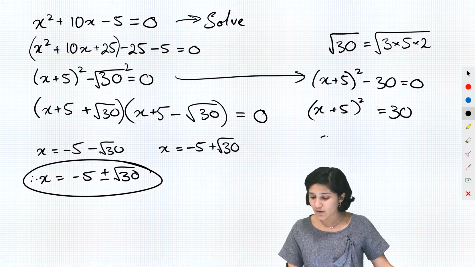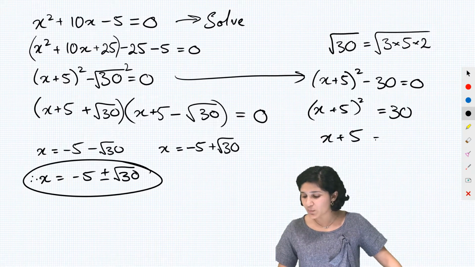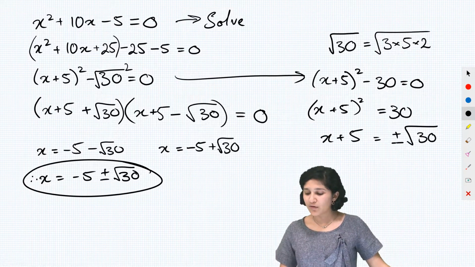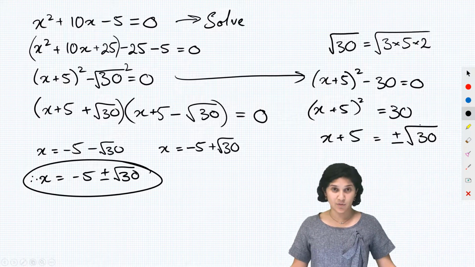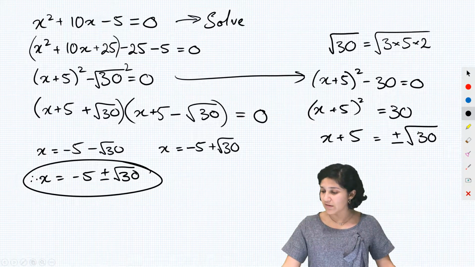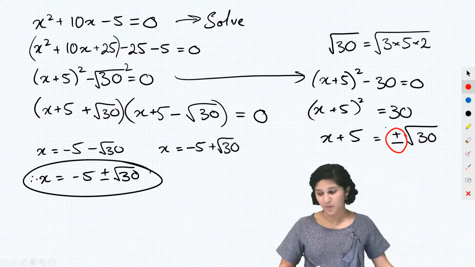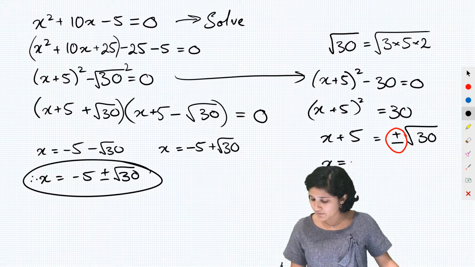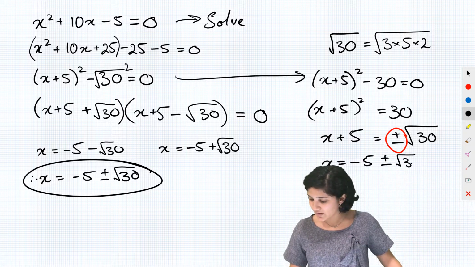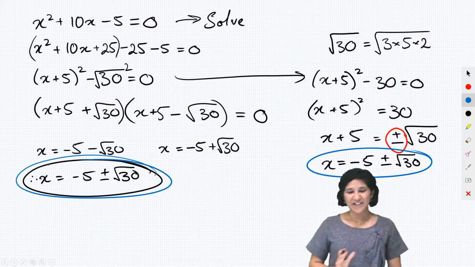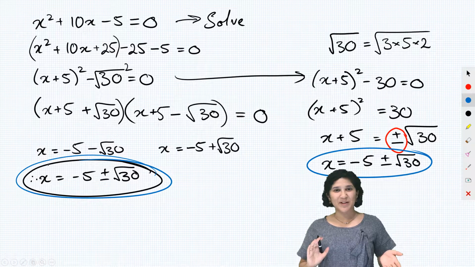Now when I do a square root, I have to remember to put the plus minus, because both positive root 30 and negative root 30 will both square to give me 30. Alright, so that's really, really important. I'm going to circle it in red, it's so important. So the last step is just to subtract that 5. So minus 5 plus or minus square root 30. And that's exactly the same thing I got over here. Alright, so that's our completing the square factorization.